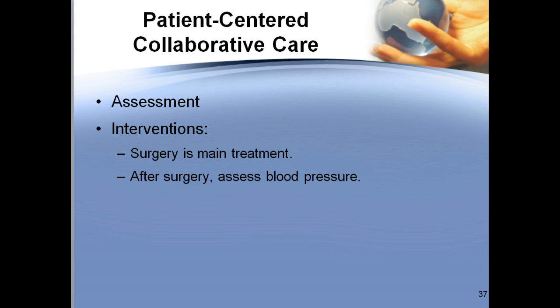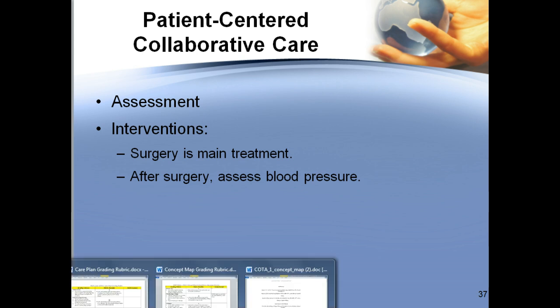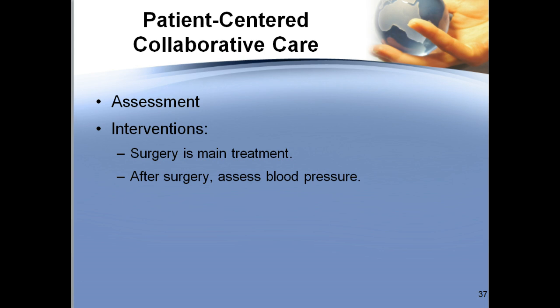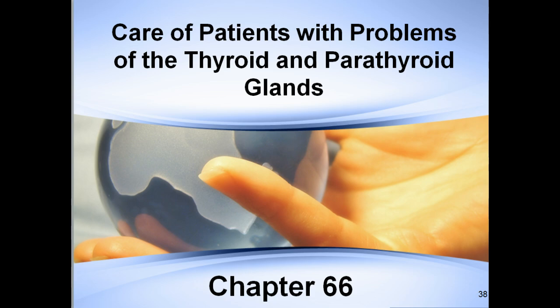MRI or CT scans can also locate the precise location of the pheochromocytoma. Surgery is the main treatment for pheochromocytoma, and after surgery you want to assess the patient's blood sugar. Hypertension is usually the main hallmark of this particular disease.